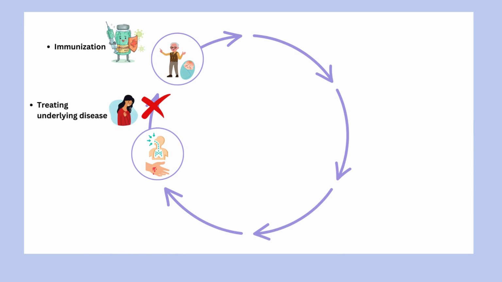Underlying health conditions can also weaken the body's immune system and make individuals more susceptible to infections. For example, HIV patients are immunocompromised. They need antiretroviral therapy to improve their immune system. Without antiretroviral therapy, their immune system remains weakened, making them more susceptible to opportunistic infections.